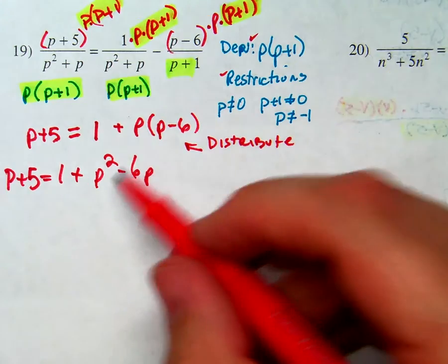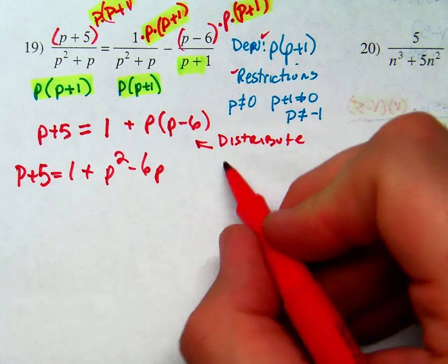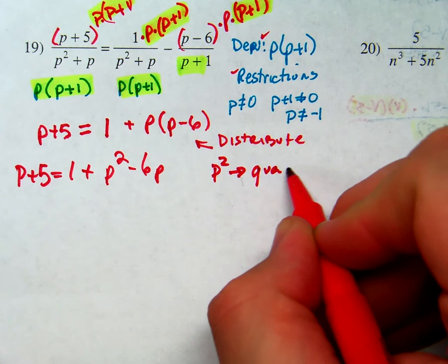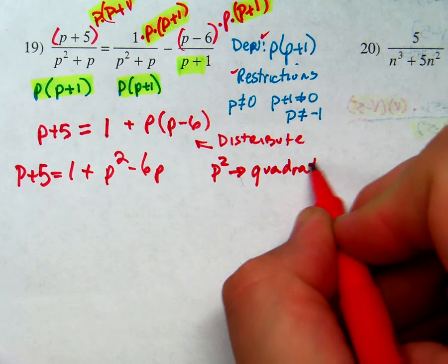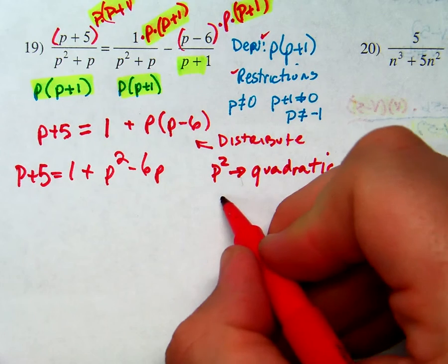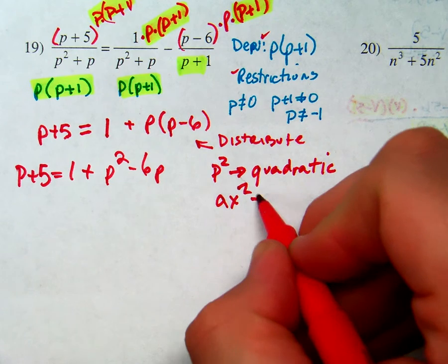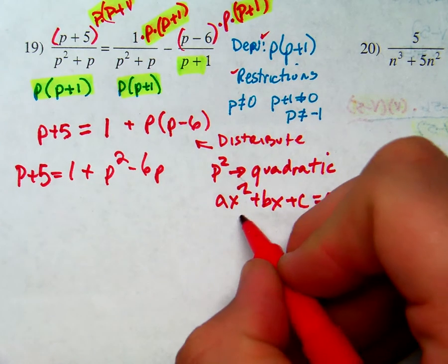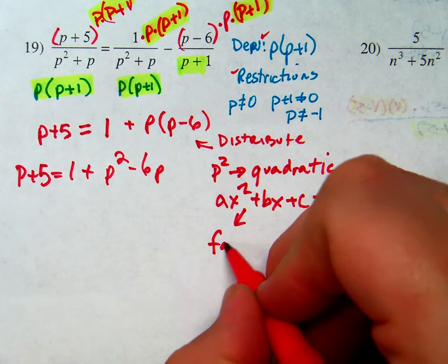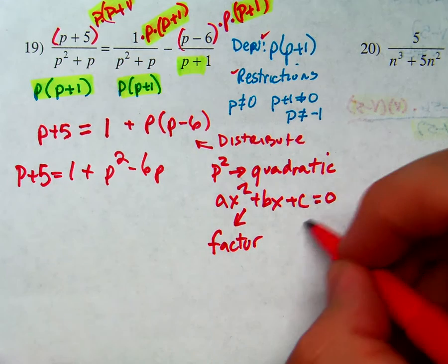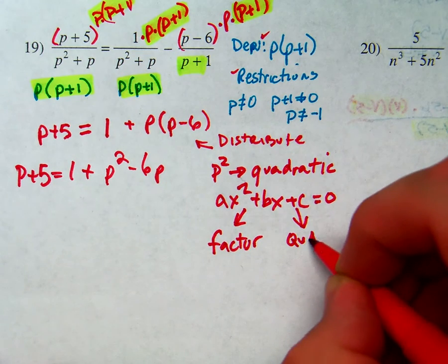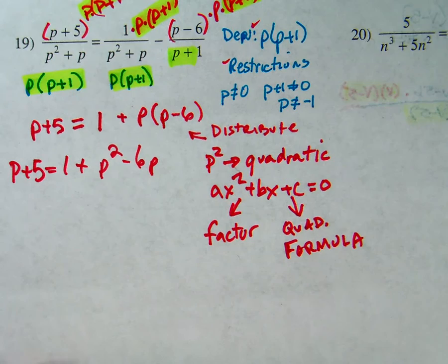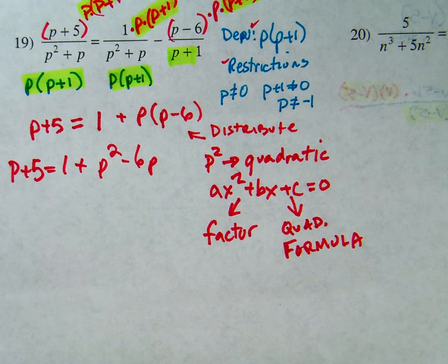Now, since I see p squared, I know it's quadratic. So I'm going to have to do ax squared plus bx plus c is equal to 0 and either factor it or use the quadratic formula. Hopefully we can factor this.